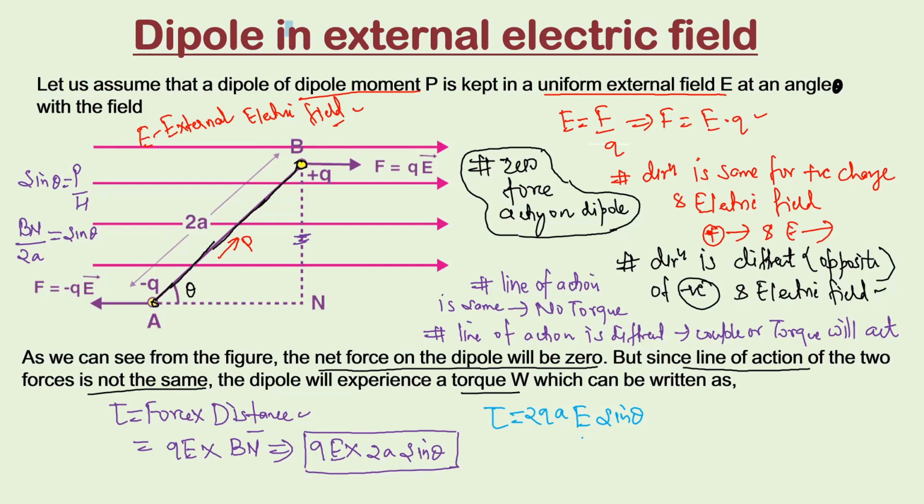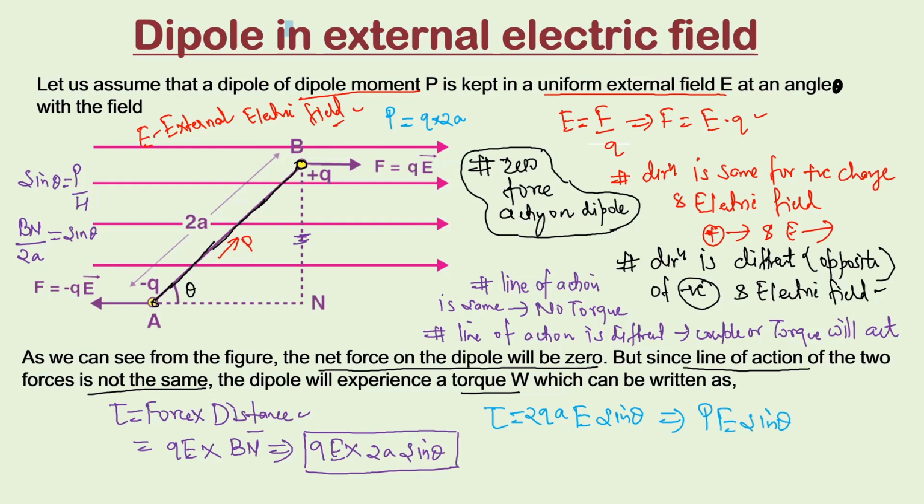Since we know that dipole moment P is equal to the magnitude of a charge times the distance between the two charges of a dipole, P can be written as Q into 2a. So we can write P E sin theta.